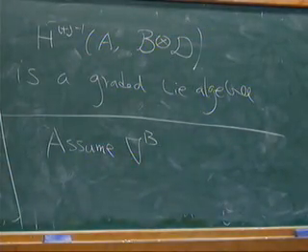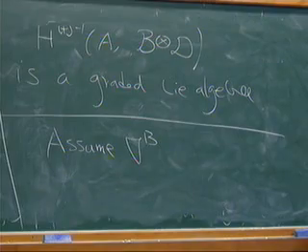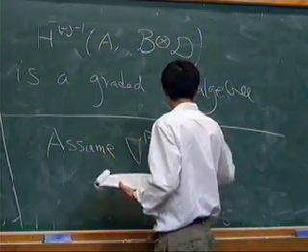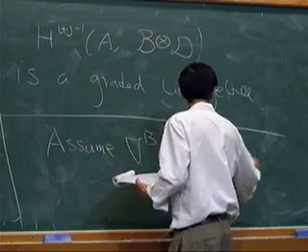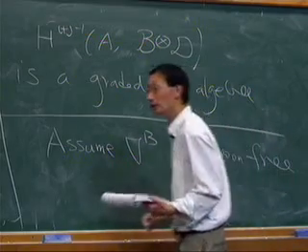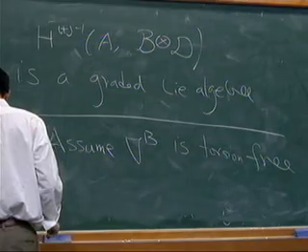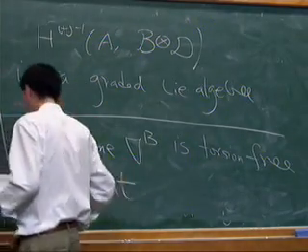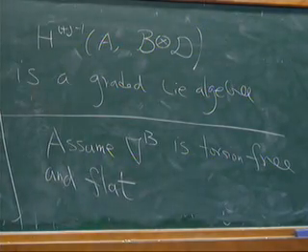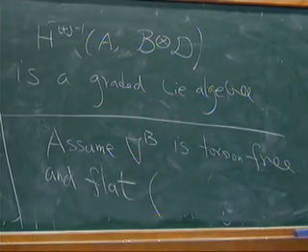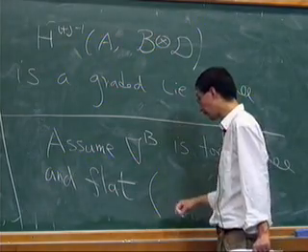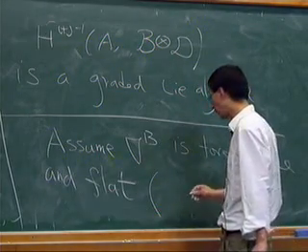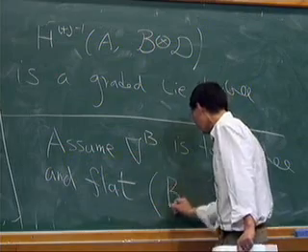So this is the cohomology level, and I want to look at the quotient level. So assume lambda b is torsion free and flat, which in this case has two cases. One is the interesting case in the Kapranov case, or the Rozansky-Witten invariant case.